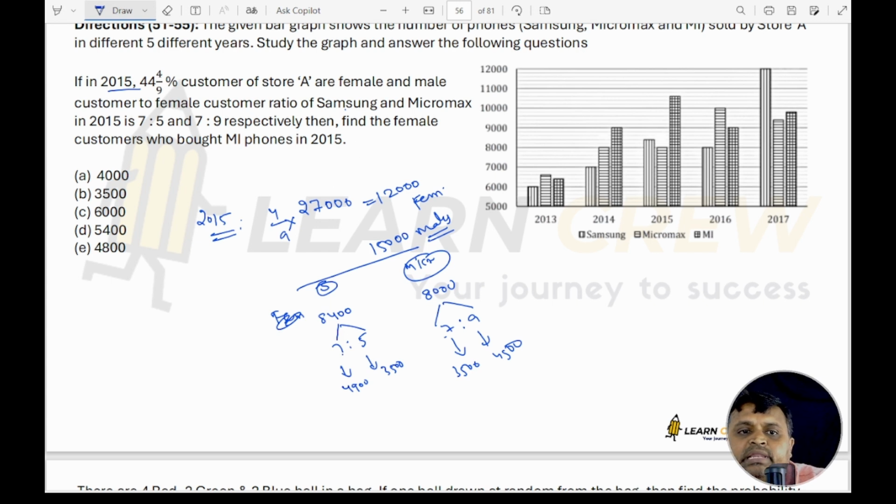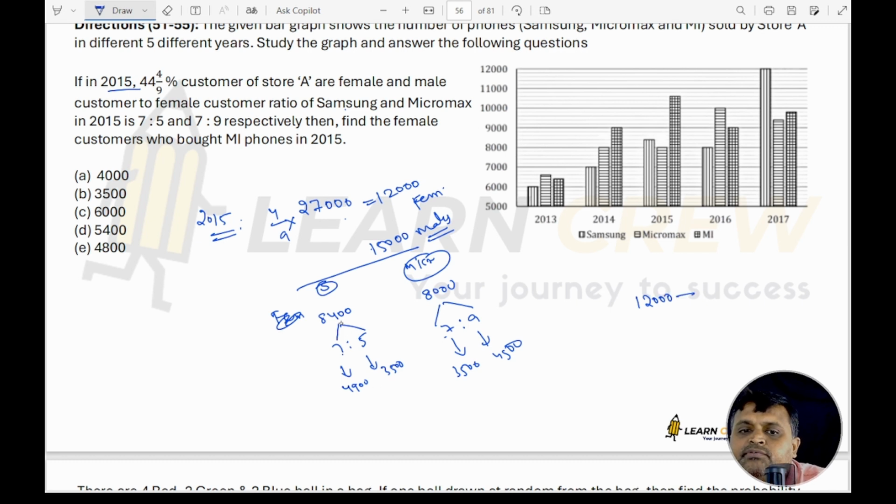Now find the female customers who purchased MI phones in 2015. So total females are how much? Total females we have calculated as 12,000 female customers in 2015.